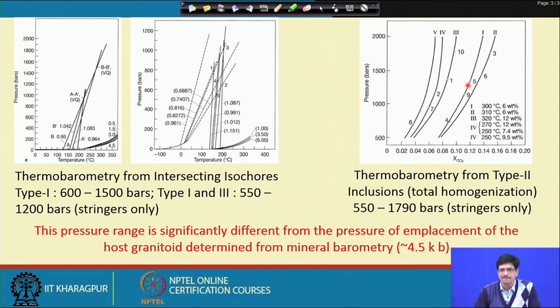And when we did the exercise elaborated during the thermobarometric exercise, using our modified Redlich-Kwong equation and the methodology discussed, we could see that the pressure and XCO2 values that we arrived at fall on the isotherms, and these give us a little bit higher pressure, from 550 to about 1790 bars.